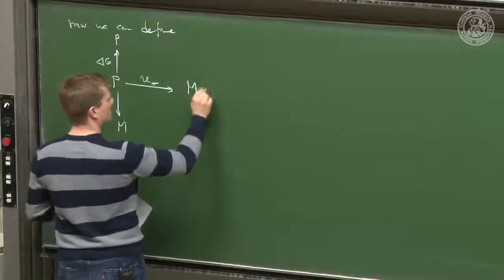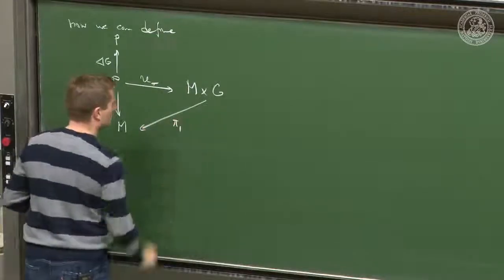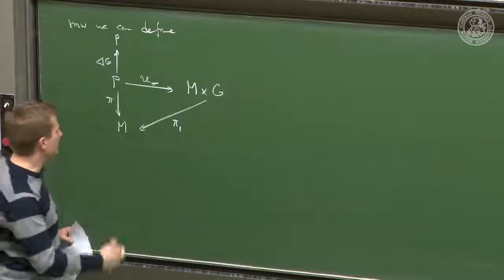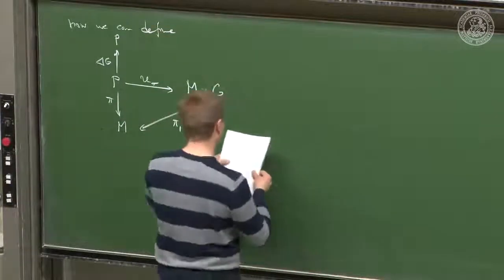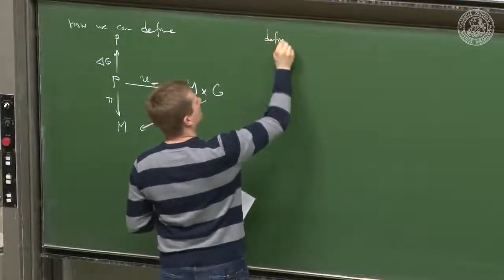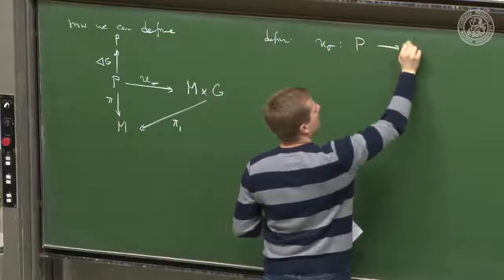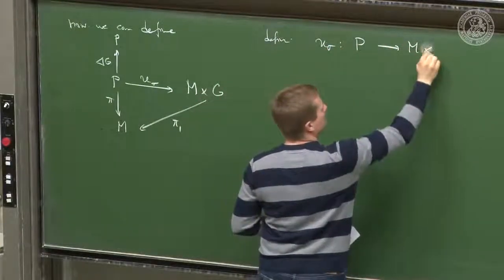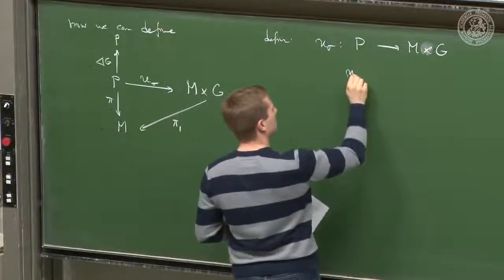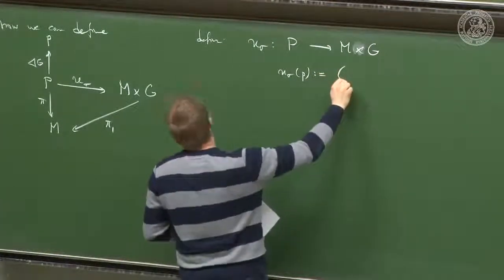And we can construct a U over here, right? Such that the U is a bundle map, because once we have that, we have established that the whole thing is trivial. And we define the U sigma from P to M cross G, as the map that takes a point P to, well, where can it take it?